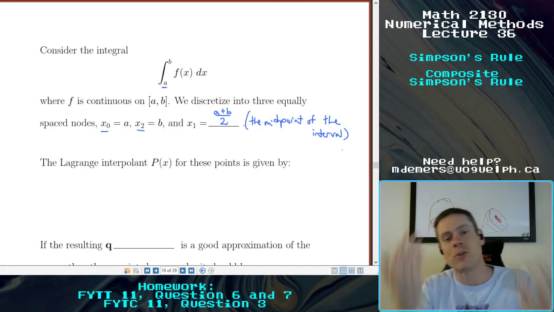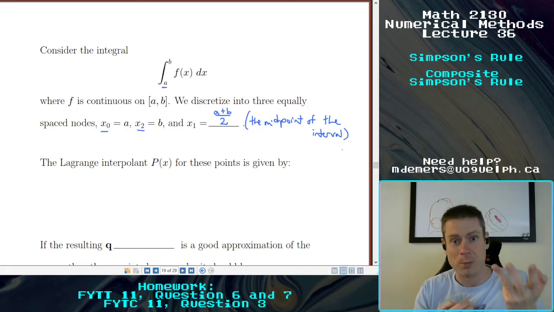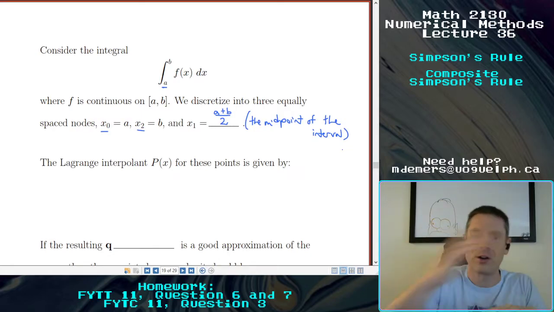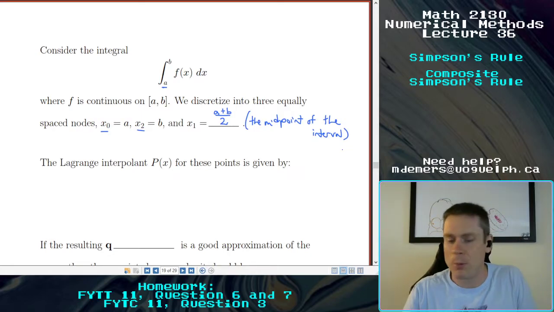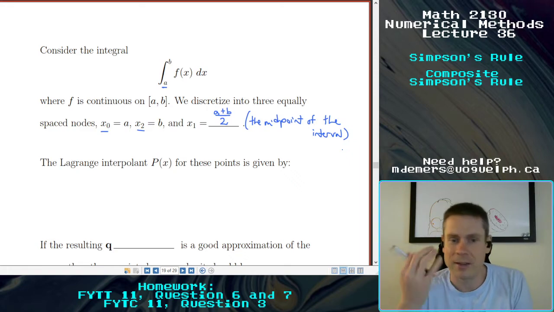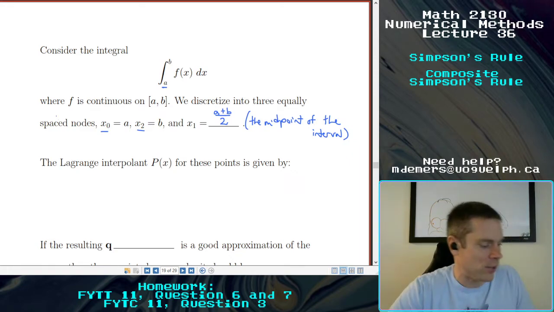That's going to give us a quadratic function in general for 3 points, and that's what we're going to use. We're going to find the quadratic that passes through the curve at those 3 points. And finding that quadratic is no harder than finding the Lagrange interpolant, and that's what the exact exercise is.